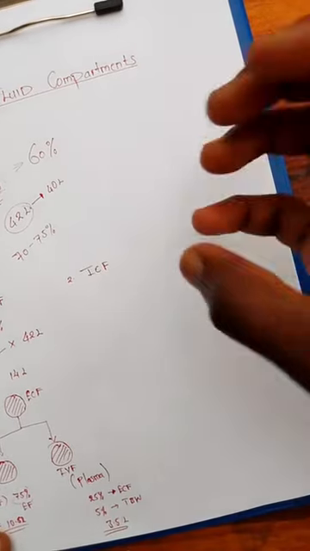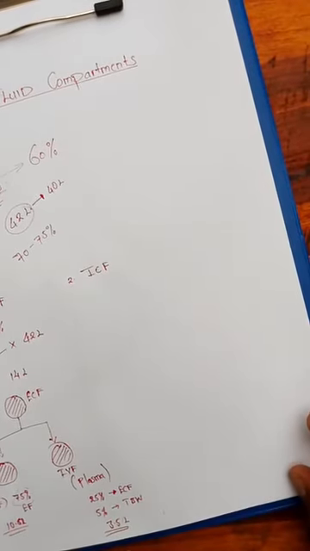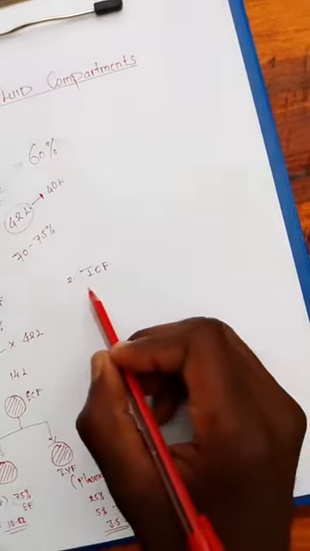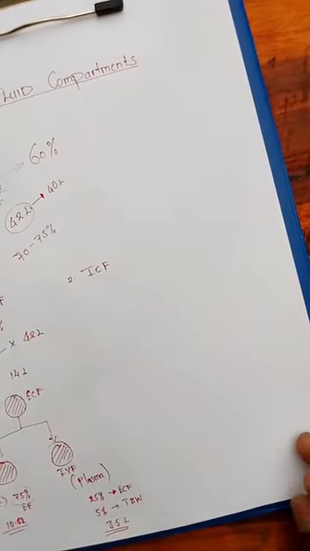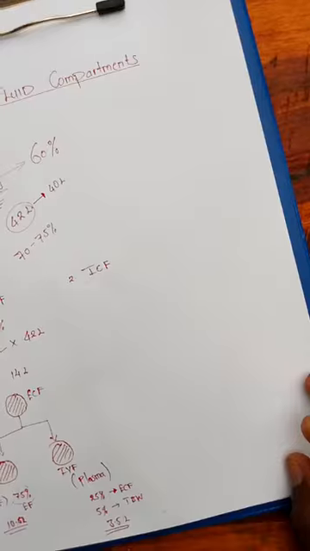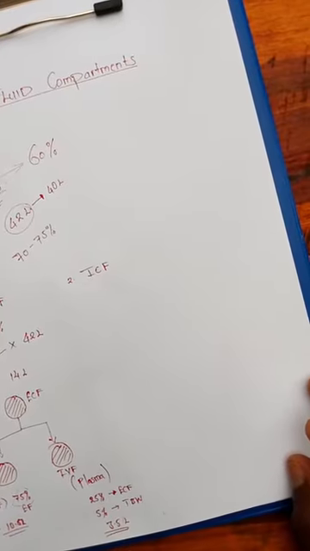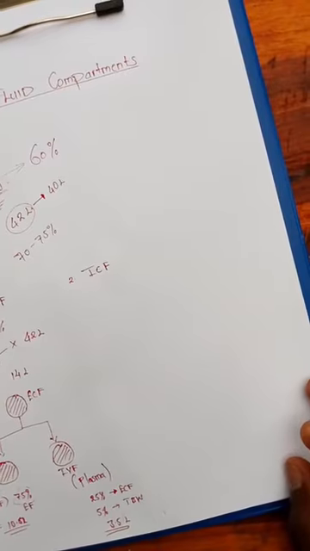Inside that body cell is where this fluid is counted. From the name intra, you can know that it is inside. So intracellular fluid is a fluid found inside the cell.